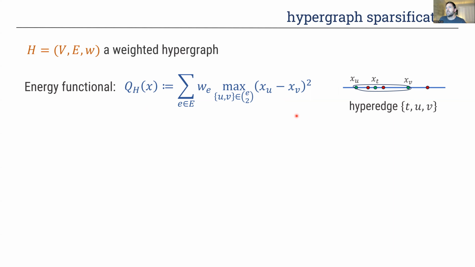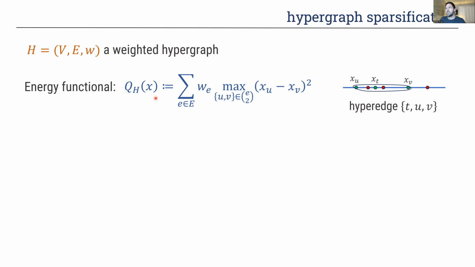You might ask why this is the correct analog for hypergraphs. There's been a lot of work suggesting that this is the correct definition, like in the setting of diffusion processes on hypergraphs or semi-definite programming relaxations of hypergraph problems. And this has come up independently in areas like data mining and machine learning, where one way to think about it is as a regularizer.